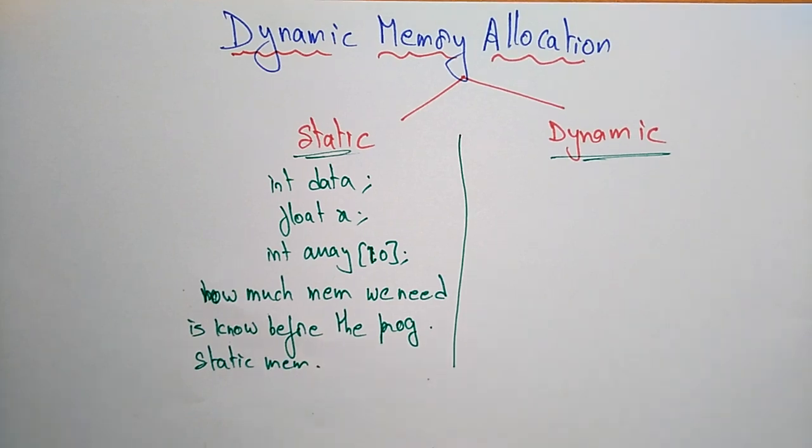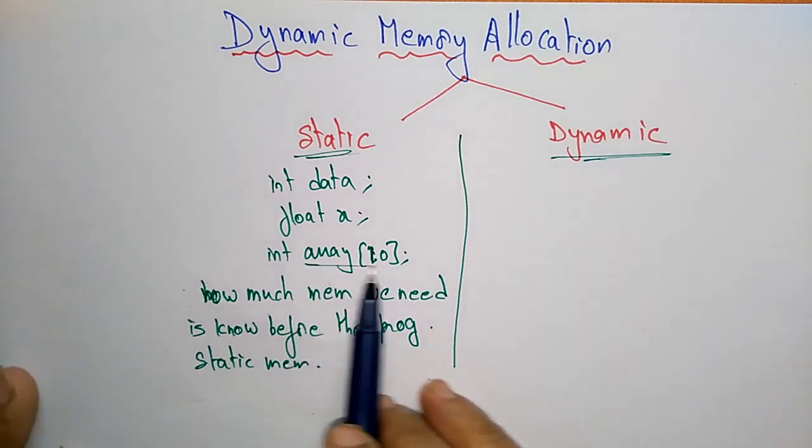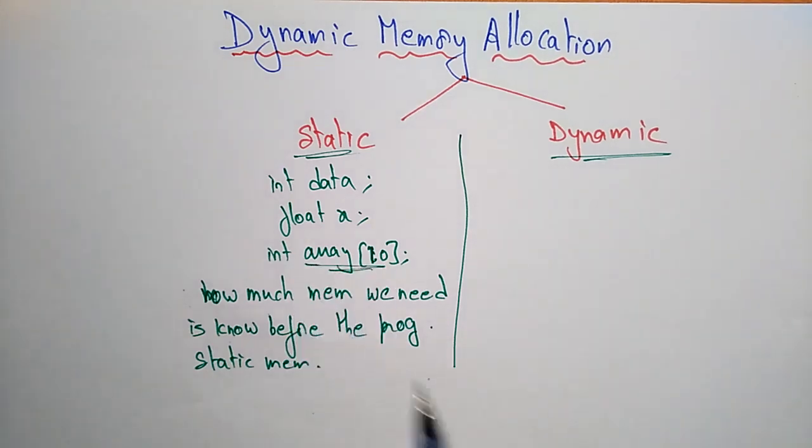It cannot exceed beyond that, so it only allocates an array of 10 memory locations, that's it. Float x means only the range of a float value will be stored in the memory. So for int data, before the program we know these variables, and we know how much memory we need in the program. Now coming to the dynamic.